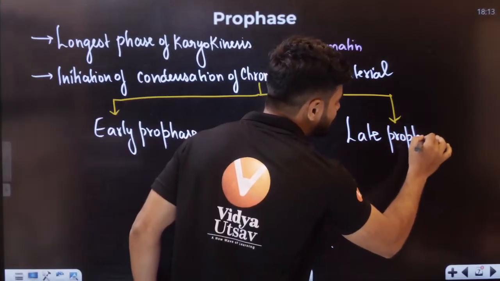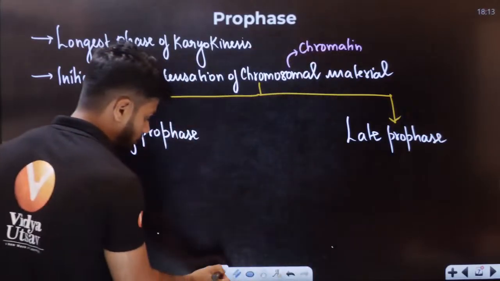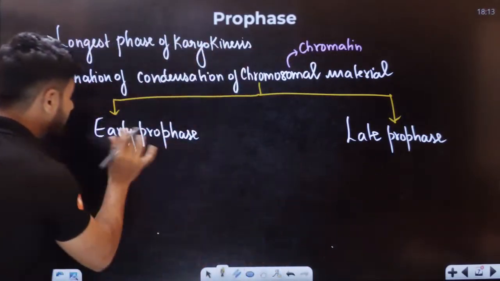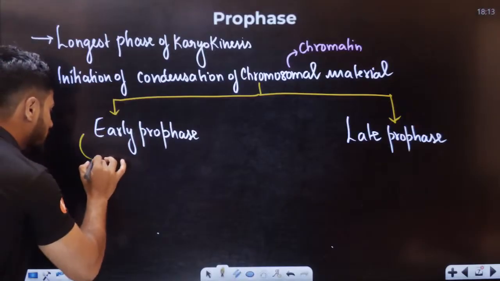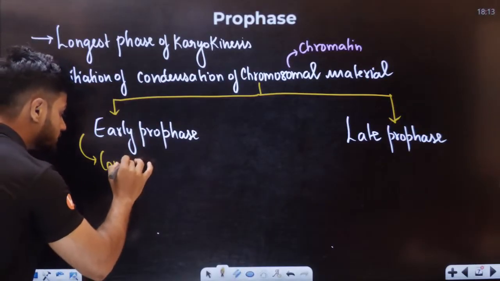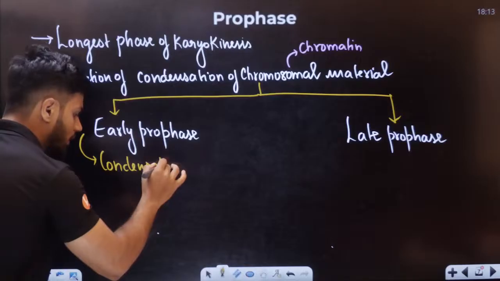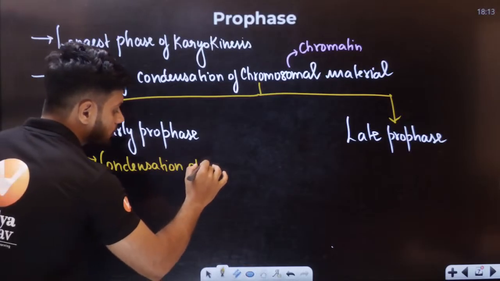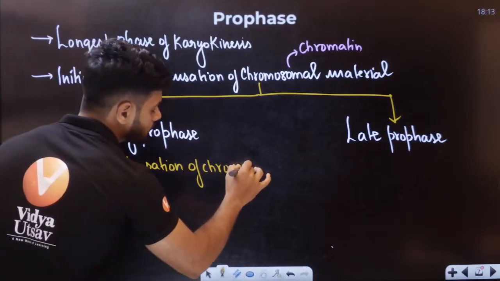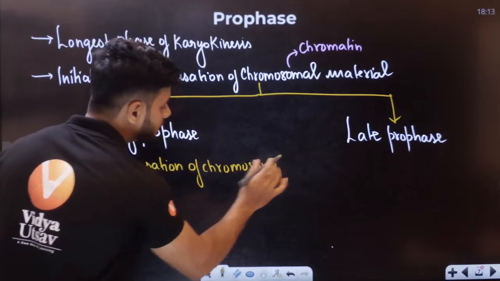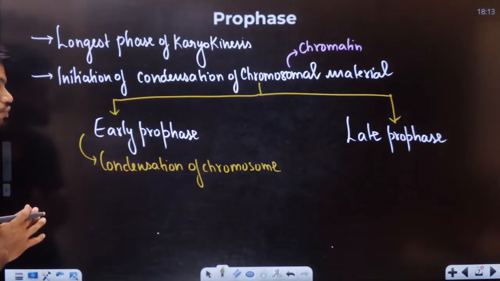Now understand what exactly happens in early and late prophase right now. In the case of early prophase, what is happening, students? In early prophase, there is condensation of chromosome. Yes, we can get chromosomes right now. Chromosomes, we are finding chromosomes.